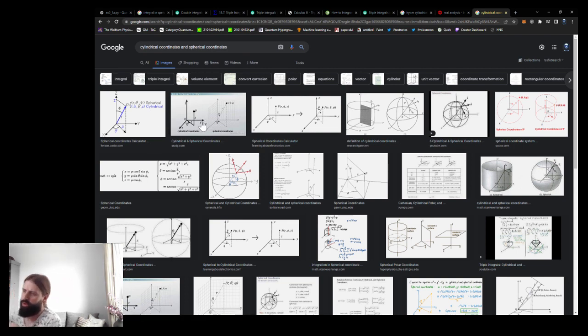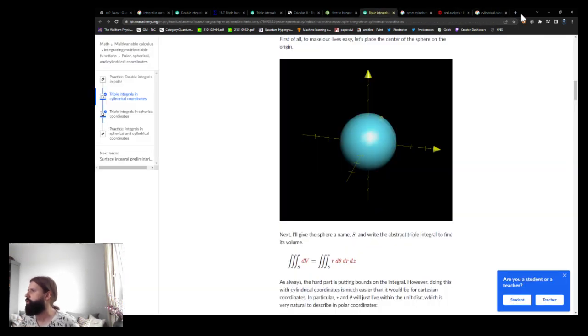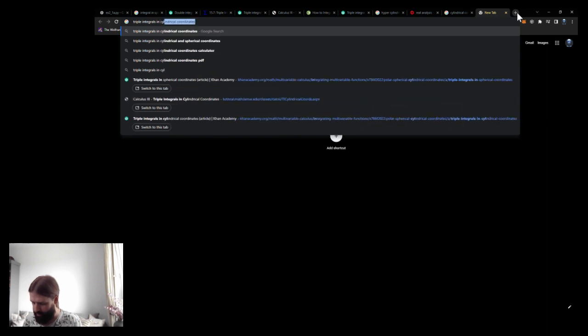Okay, in cylindrical coordinates you just specify an angle, which is maybe what would make sense in this case. An angle, an R, and a Z. Right? Triple goes into cylindrical coordinates.